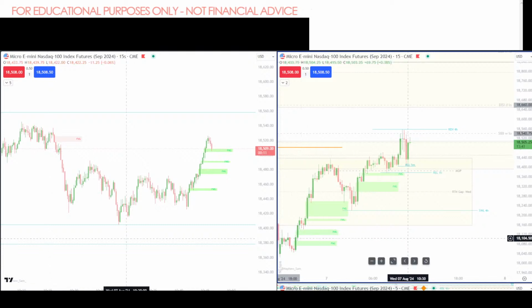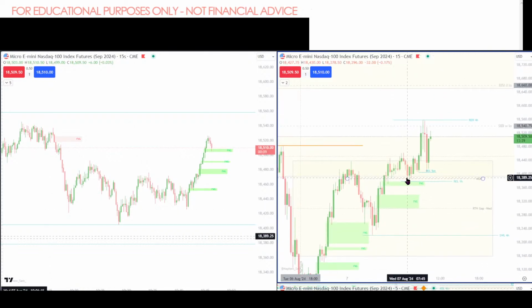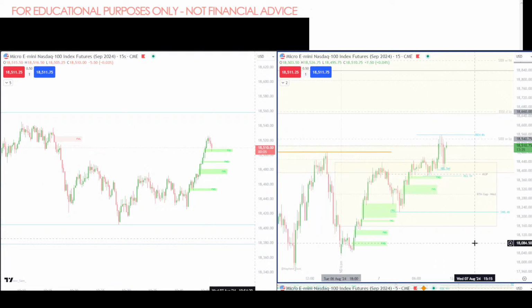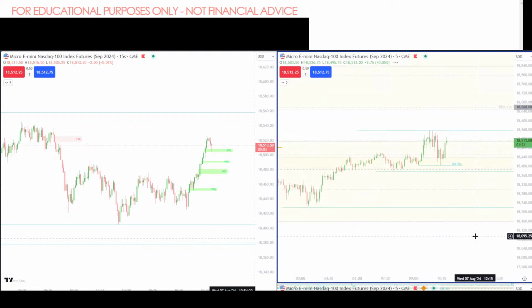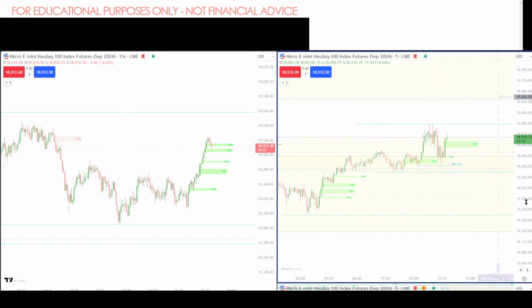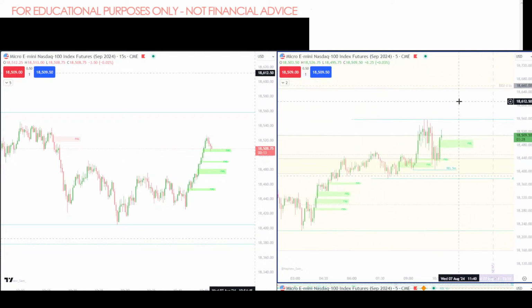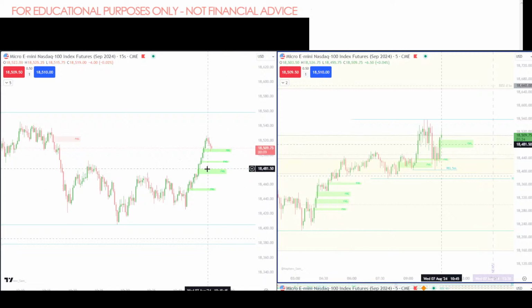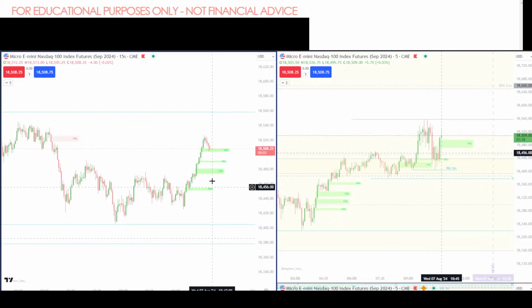15-minute. I still think we have bullish price delivery, but we do have this chop here, so we have to look for clarity either on lower time frames or just wait till we get out of this chop. Like if we come all the way down till here and then curl back up, then I would give it a shot.